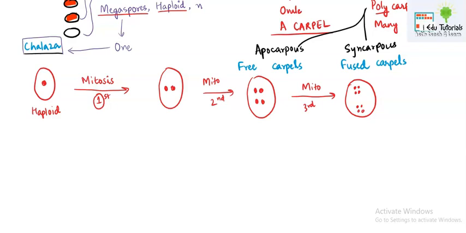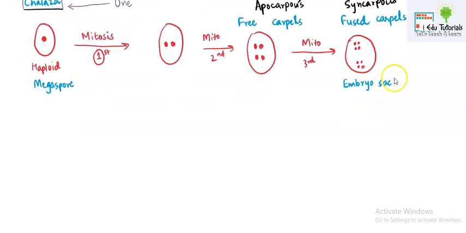This was our megaspore. When it undergoes mitosis three consecutive times, we get the end product as the embryo sac. This embryo sac is also known as the female gametophyte.